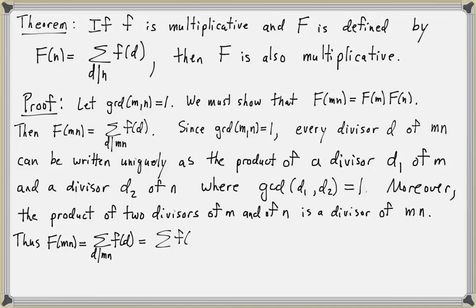So I can write this as f of d1 times d2, where d1 is a divisor of m, and d2 is a divisor of n. Since d1 and d2 are relatively prime and f, little f, is multiplicative, I can write this sum as the sum over d1 dividing m and d2 dividing n of f of d1 times f of d2.